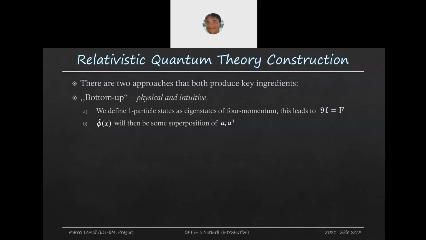For example, if you remember from the quantization of the linear harmonic oscillator, if we apply the creation operator on the vacuum state, we get the oscillator excited to the next level, so these are the energy states in the harmonic potential of the harmonic oscillator, right? So with these creation and annihilation operators, we are somehow acting on the space.